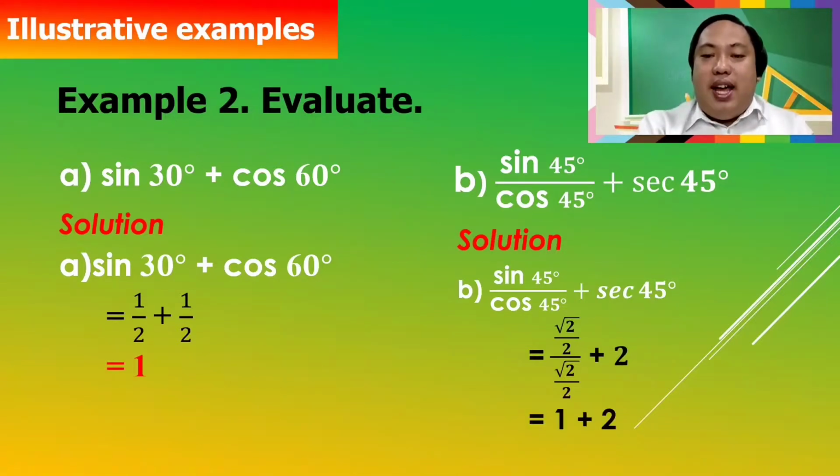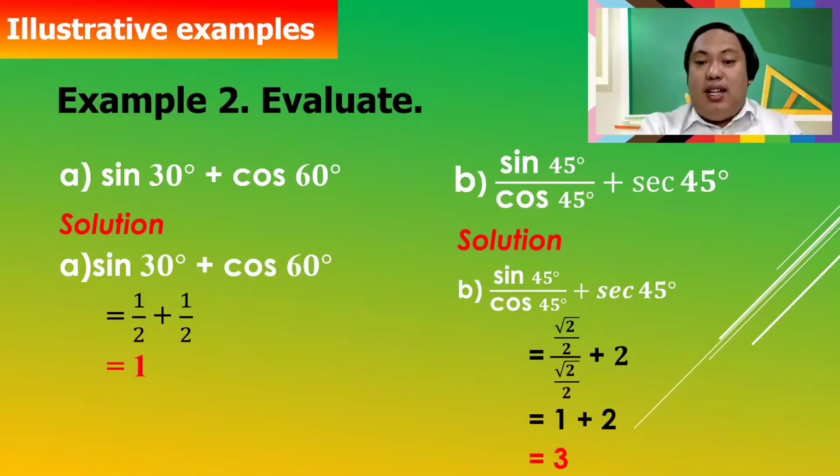So we simplify square root of 2 over 2 divided by square root of 2 over 2 is equal to 1 plus 2 equals 3. Hence, sine 45 degrees over cosine 45 degrees plus secant 45 degrees is equal to 3.